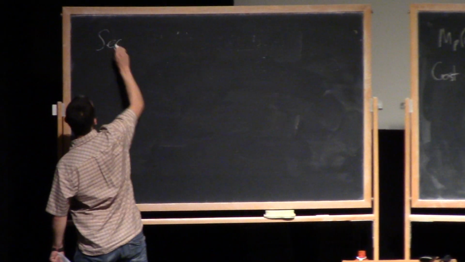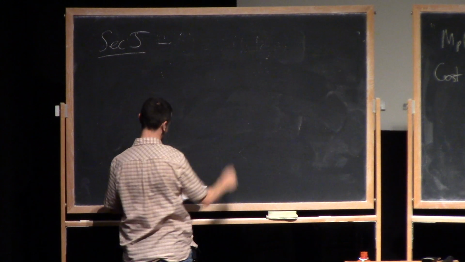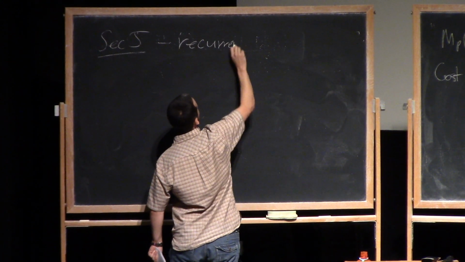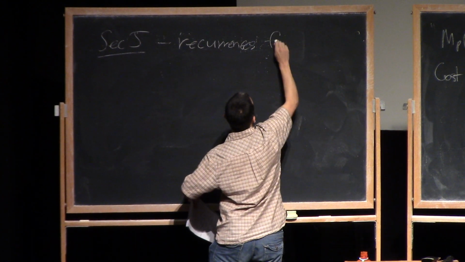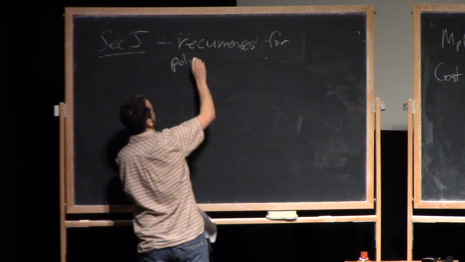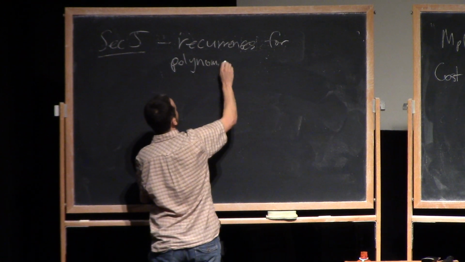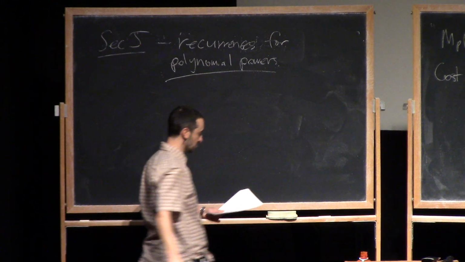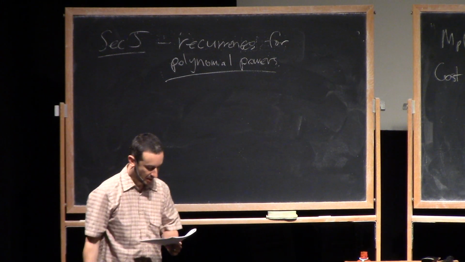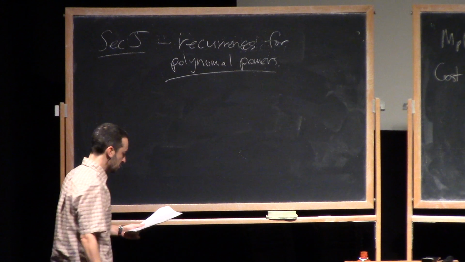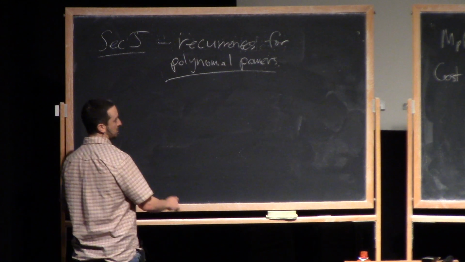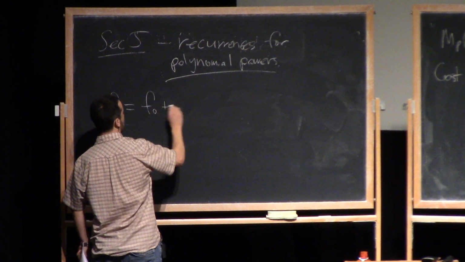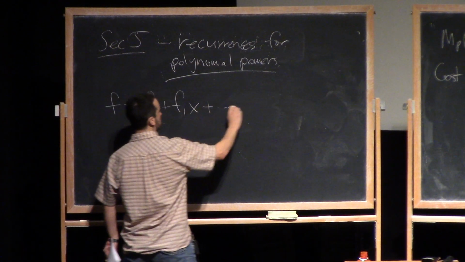All right, section 5. Okay, section 5, recurrences for polynomial powers. So we'll just have a little peek at this. Okay, so let me remind you what our situation is. So we have our polynomial f, which I'm going to write f0 plus f1 x.